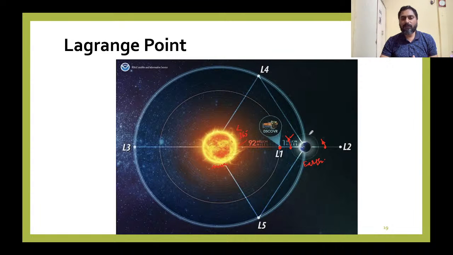So if Earth is revolving around the sun in 365 days, then this point also will move around the sun in 365 days and not faster. So that is the uniqueness about this L1 point.